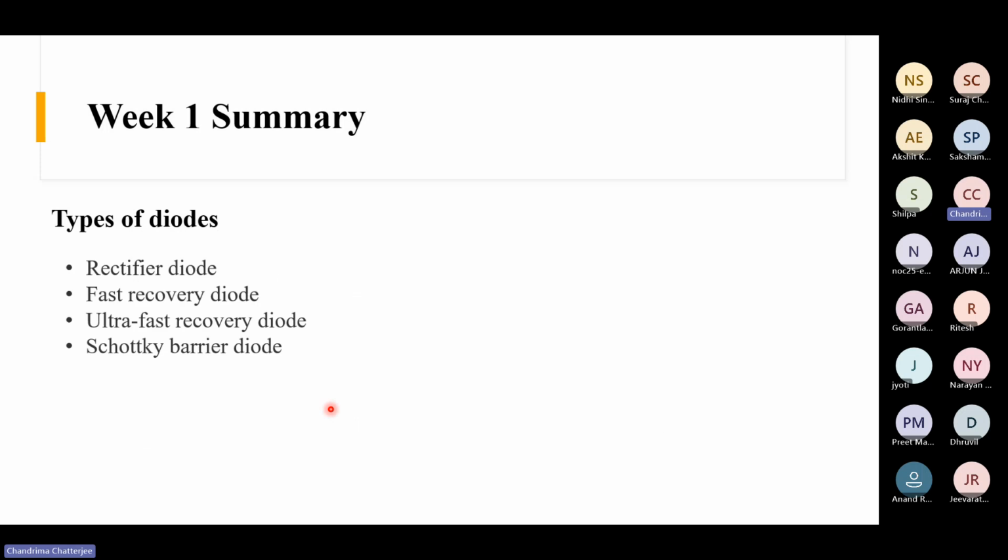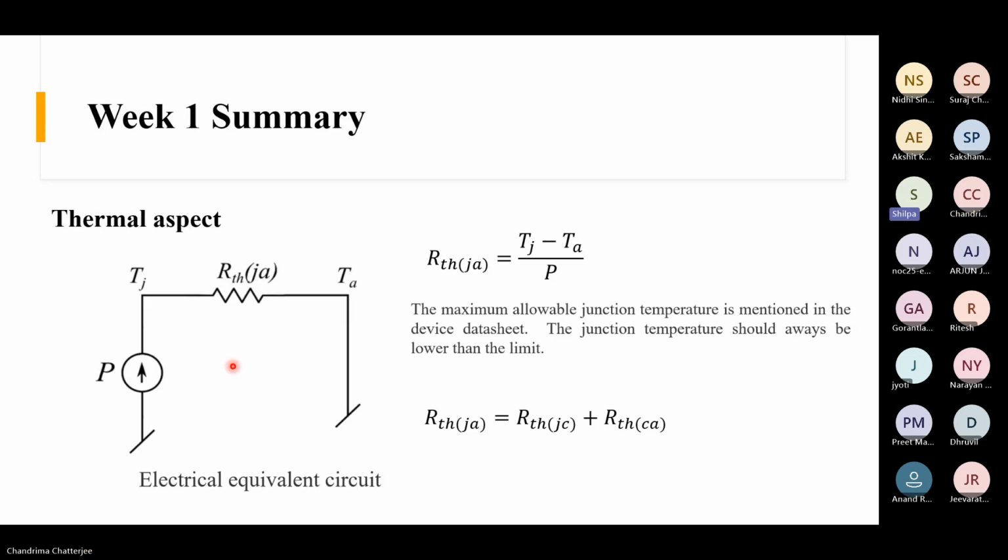Lastly, before going to the problems, a question: based on that RTH value, how to select a heat sink? I will suggest you go to that lecture and see Umanand sir's lecture.